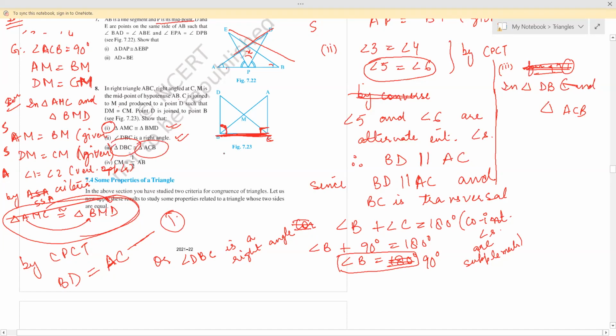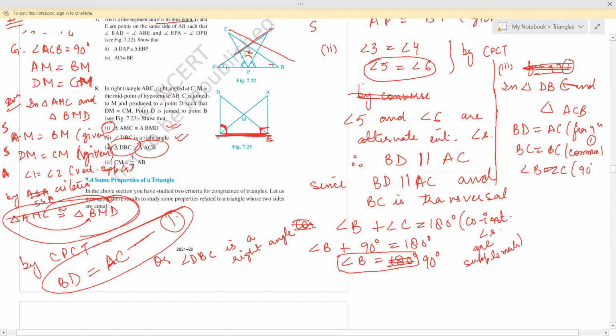Okay, same triangles. Now we will see 3 things here. First, BD is equal to AC from equation number 1, which we have already shown. Now BC is equal to BC, which is common. And angle B is equal to angle C, which is 90 degrees.